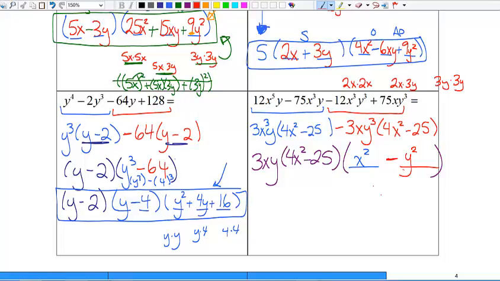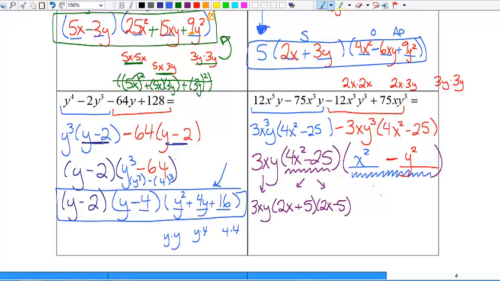But before I box my answer and I'm done, I would need to look to make sure there's nothing else that can factor. Well, the second factor, 4x squared minus 25, that can break down into a difference of squares. That's 2x plus 5 and 2x minus 5. The 3xy, it can't factor anymore, so it stays there.